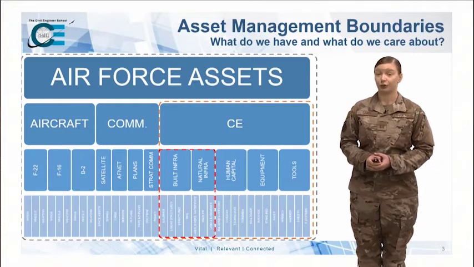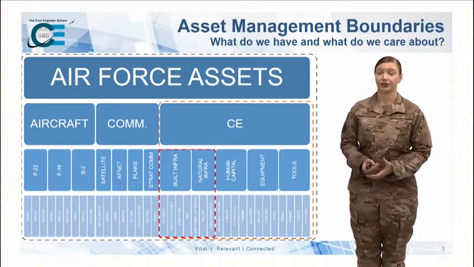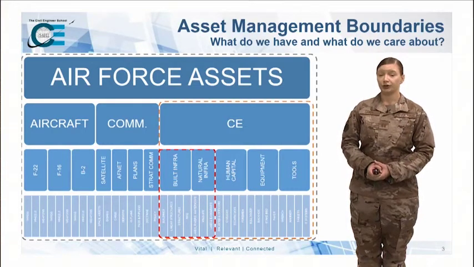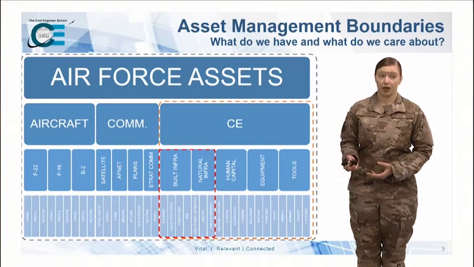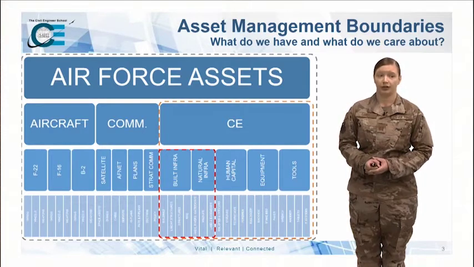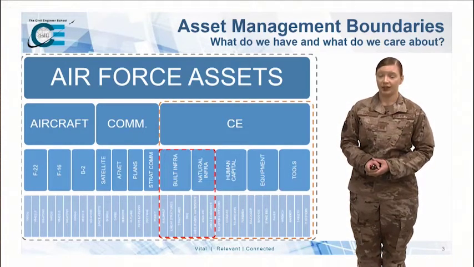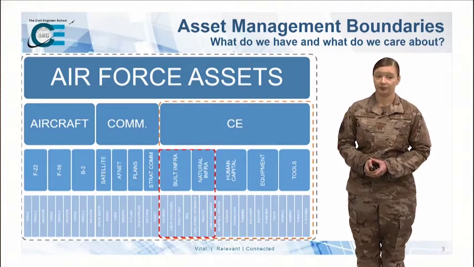This is what we're concerned with throughout this course and all of our asset management portfolio here at the CE School. The principles of asset management can be applied throughout the Air Force, but of course we're concerned with built and natural infrastructure. This helps us define our asset management boundaries in terms of real property.